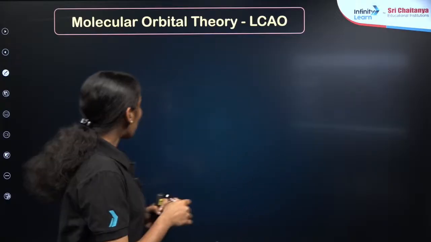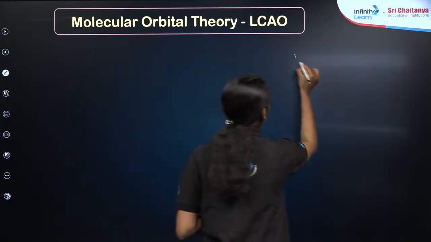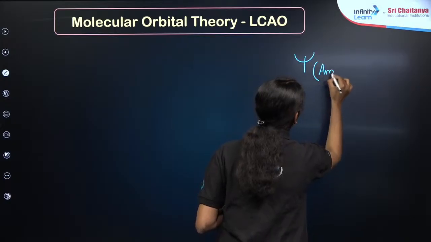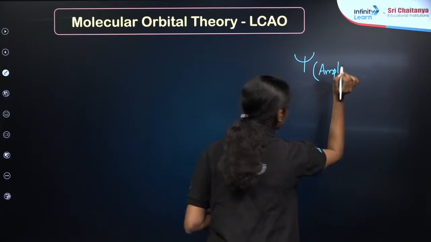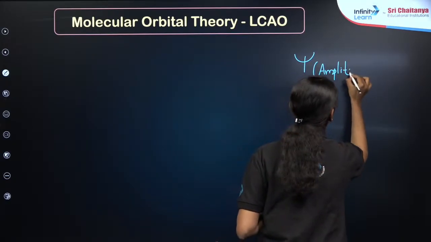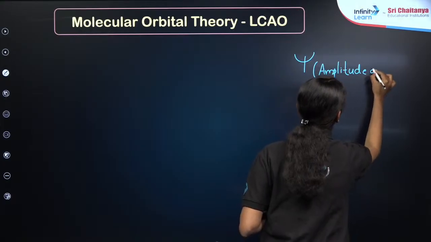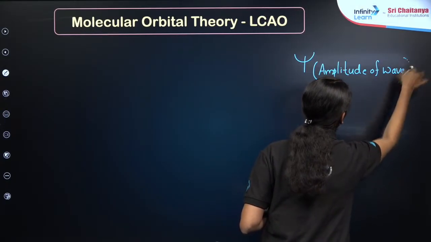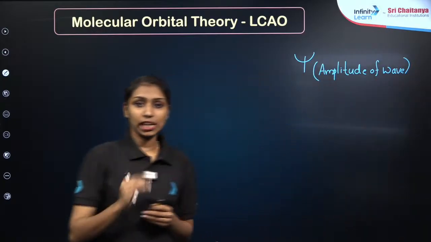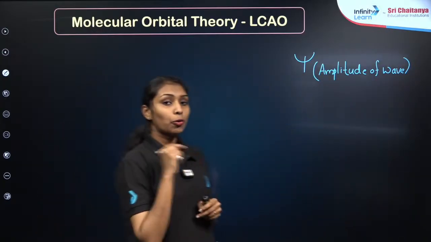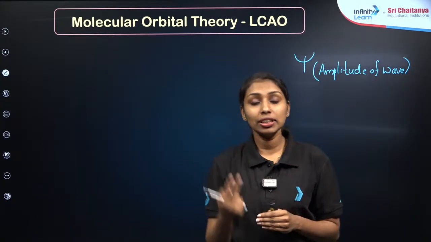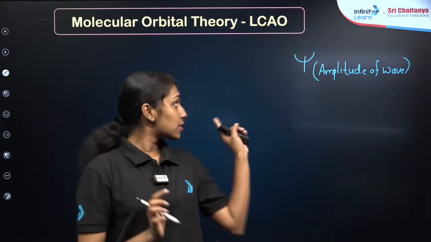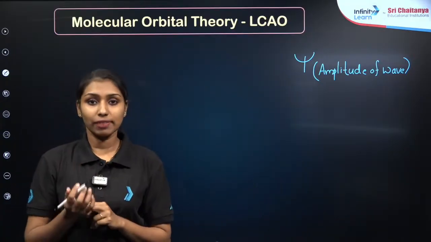By solving the Schrodinger equation, you get a value of psi, which represents the amplitude of the electronic wave. But when a molecule contains more than one electron, it is very difficult to solve the Schrodinger wave equation.